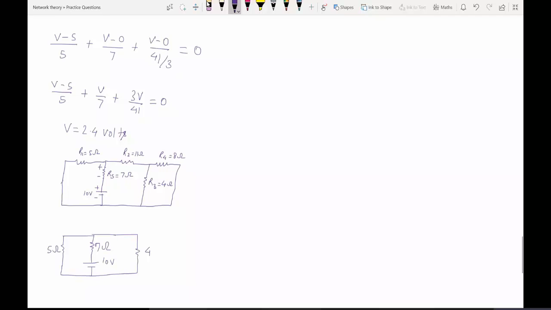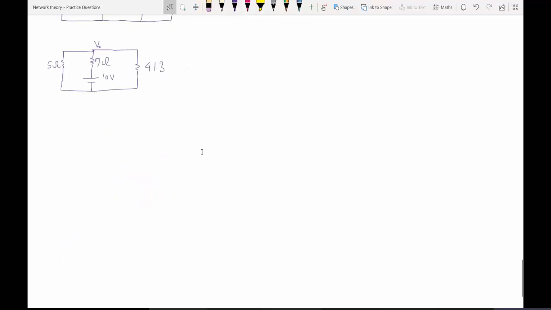This is your, how much we calculated it? 41 upon 3. Correct. So we have to calculate V here. Now this is V. Suppose you calculated due to V5. Here we will say V10 means due to 10 volt battery. Just a name. It is just a name. So how you do it? V10 minus 0 upon 5. Correct. This is the ground.